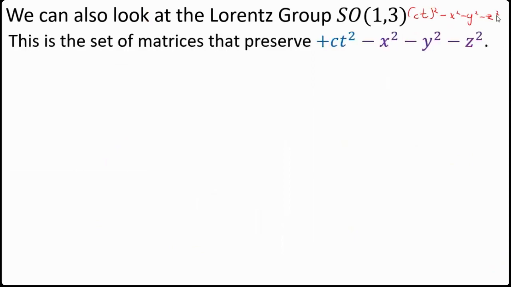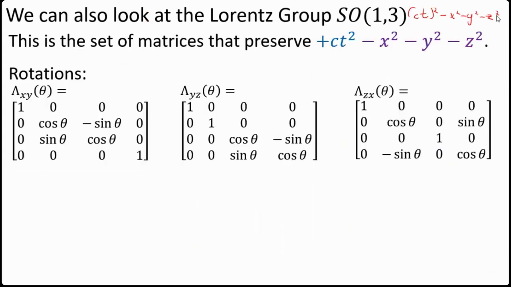And I forget what I showed here. Instead, SO13 is basically the space-time rotations. So they include physical rotations and boosts. A boost is like a rotation between space and time. Yeah, I wrote that literally right there. So these are the standard space rotations.